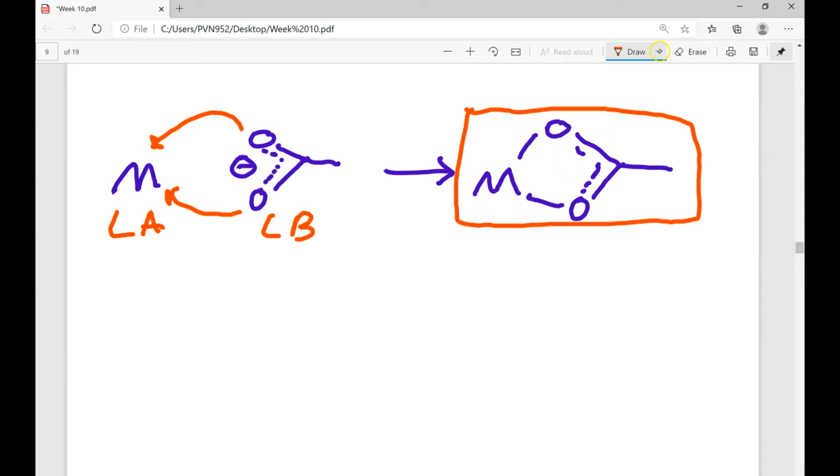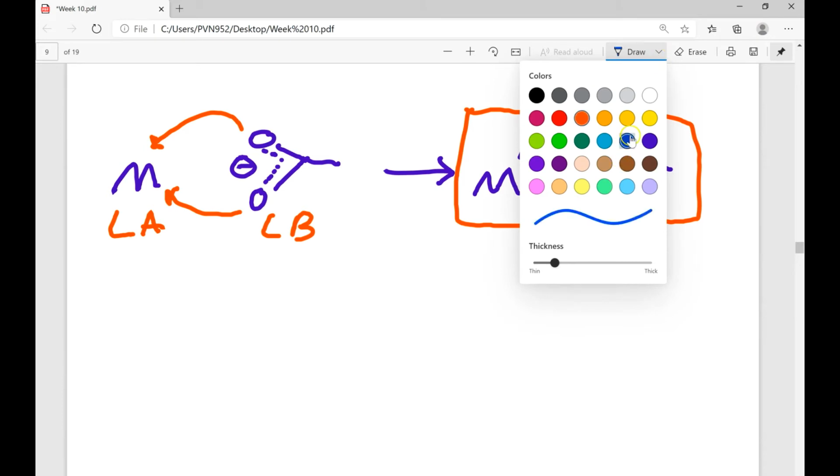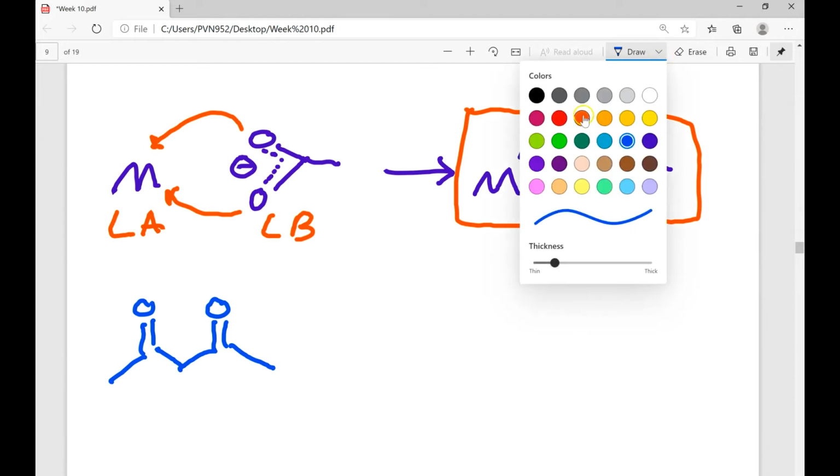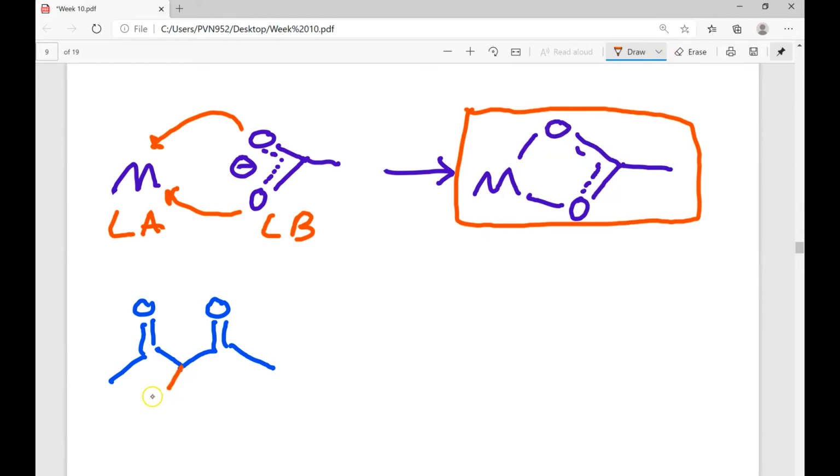So another common ligand for transition metal chemistry is this acetylacetone. So acetylacetone can form enolates, right? Because we have hydrogens that are alpha to a carbonyl group.